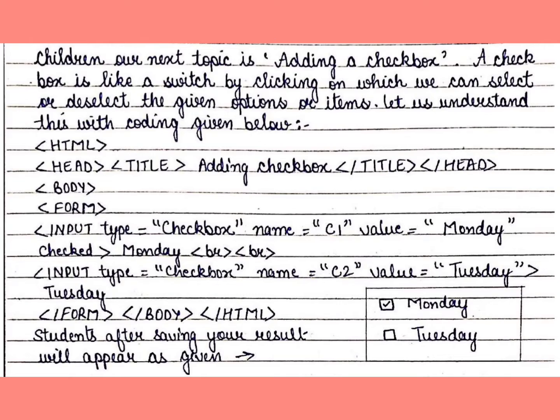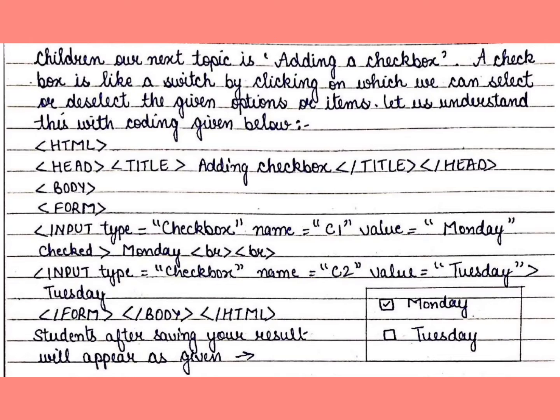Similarly, you can add more input types in the checkboxes and write other days of the week also. Close the form tag and close the body tag also. At the end, close the HTML tag.